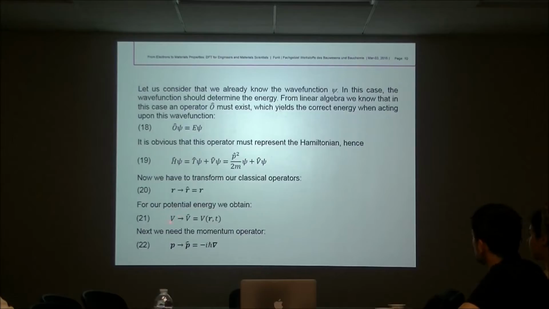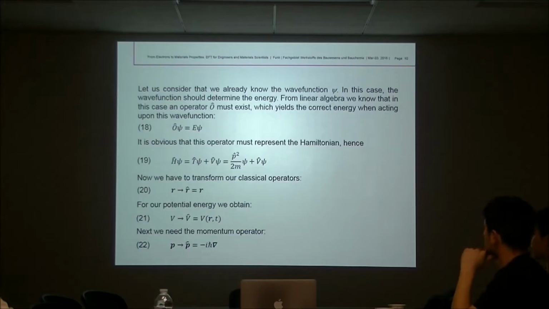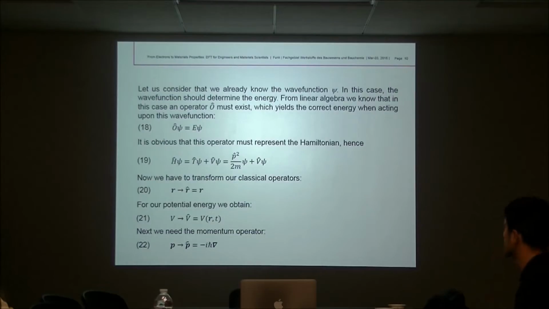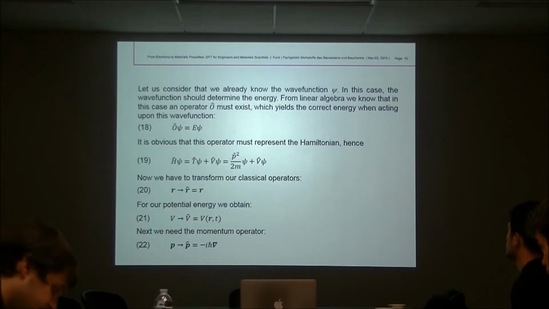This means that our potential operator is the same as the potential, because it is a direct function of coordinates and time, unless it is a function of velocities. In this case, it doesn't work this way. So note that there are no derivatives in this operator. As soon as there are derivatives, we need to go another way. And then things are getting complicated.